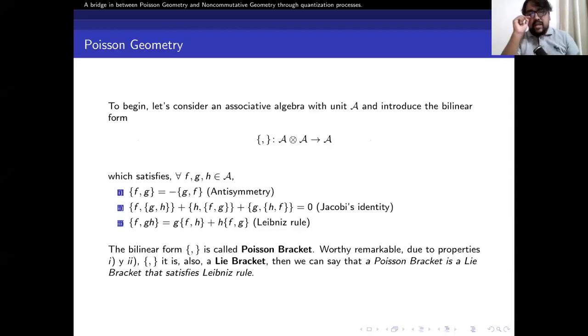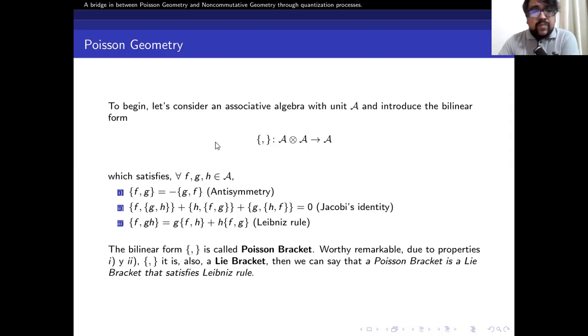So let me open Poisson geometry. To begin, let's consider an associative algebra with unit A and introduce this bilinear form, which satisfies these three properties. Basically it's antisymmetric, the Jacobi identity, and the Leibniz rule. If you focus on the first two properties, you will notice that these are actually the properties of a Lie bracket.